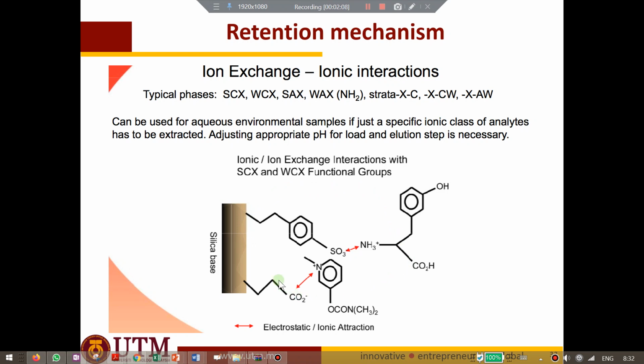Okay, if we look here, we can see that we have the electrostatic and ionic interaction lah. So let's say the question is, please state the retention mechanism for all types of SPE. So you need to be able to state all three. Okay.